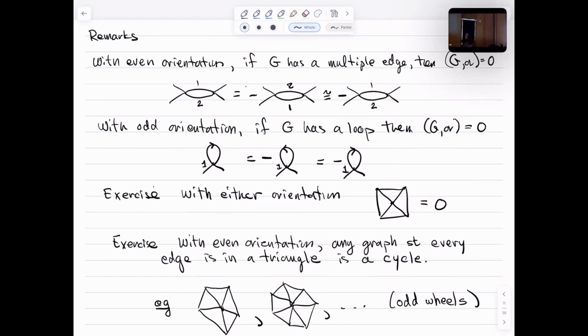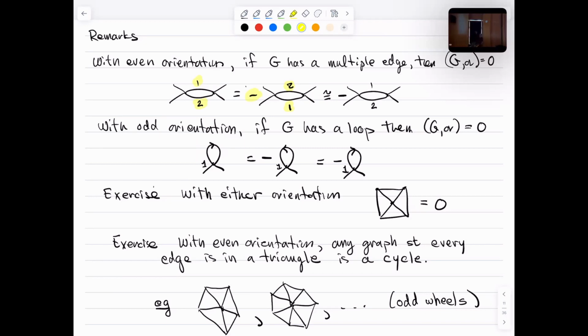Well, if I have a multiple edge and I label the edges 1 and 2 and do a transposition, I'm supposed to get a minus sign. But what did I mean about generated by graphs? What I meant is it's generated by isomorphism classes of graphs. If graphs are isomorphic, they're the same graph.